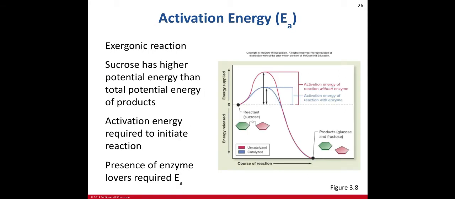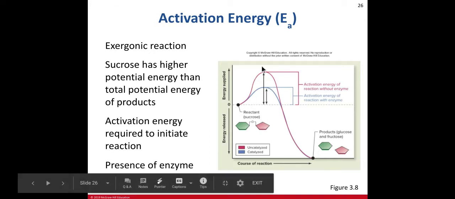So, in an exergonic reaction, we've got something like sucrose. Sucrose has a higher potential energy than our products, glucose and fructose. It has an amount of energy that is required to start this reaction. That's the activation energy. And we can see here that is this big red line, our uncatalyzed reaction.